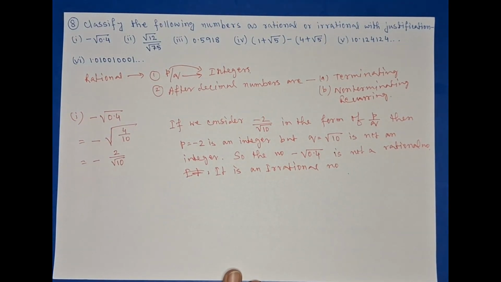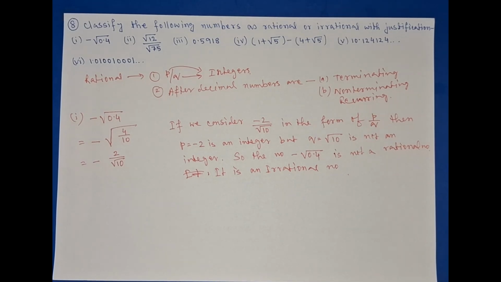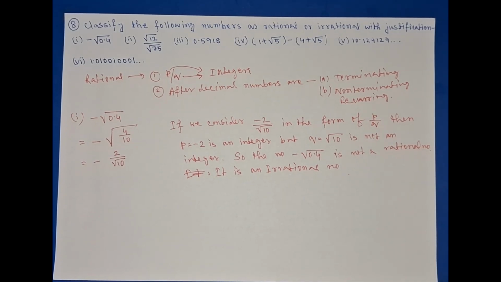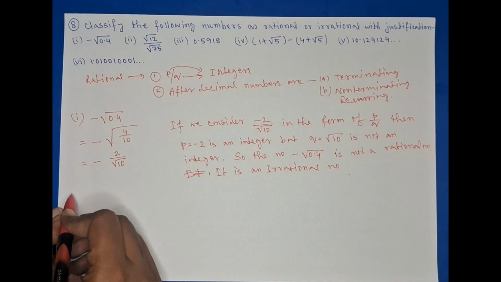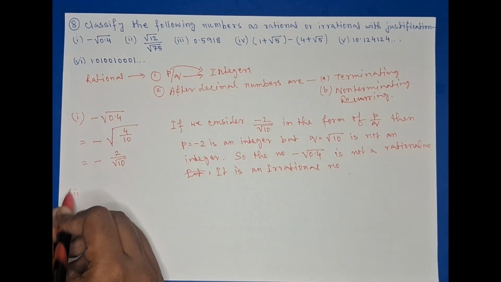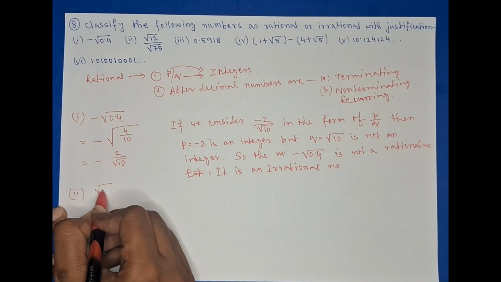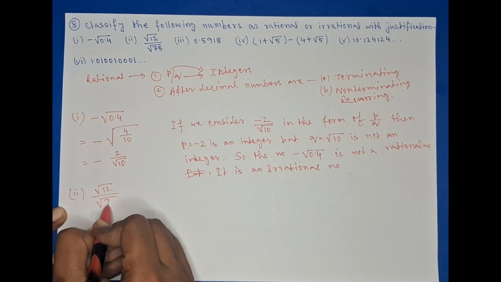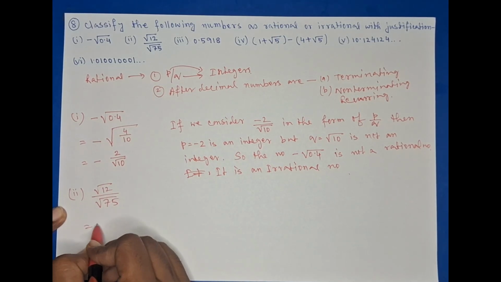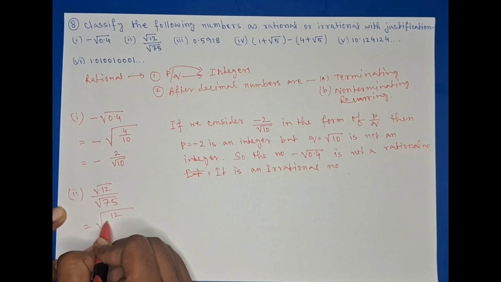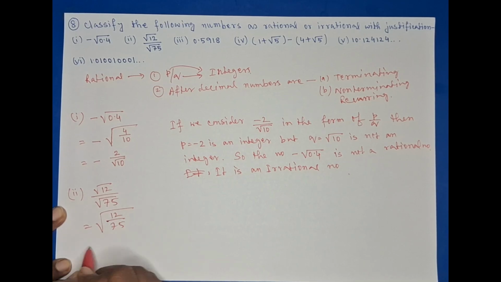Okay, you have understood it? What about the other one? Root 12 by root 75. We are writing it as root within 12 and 75.